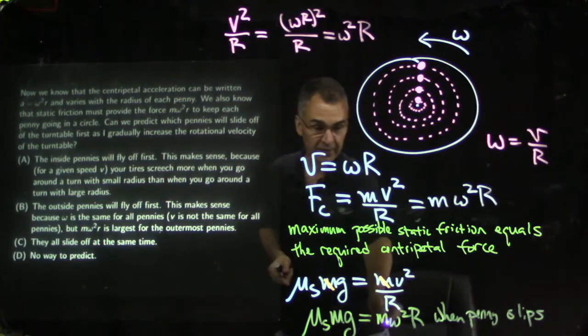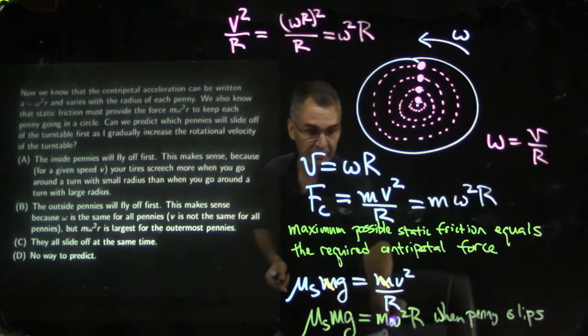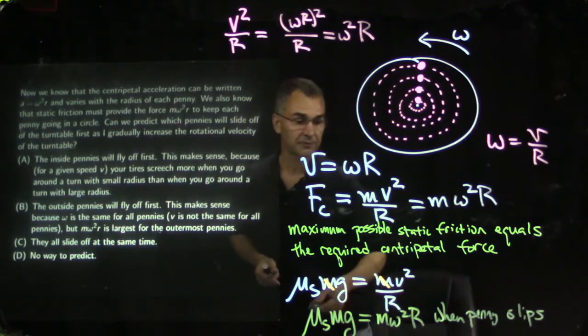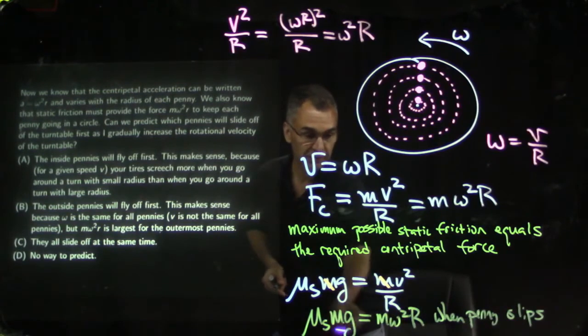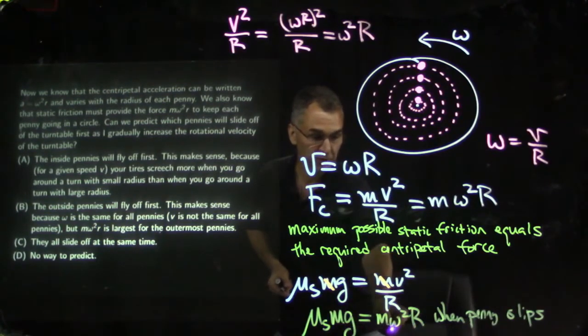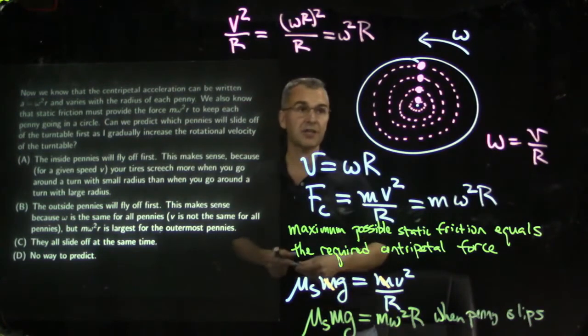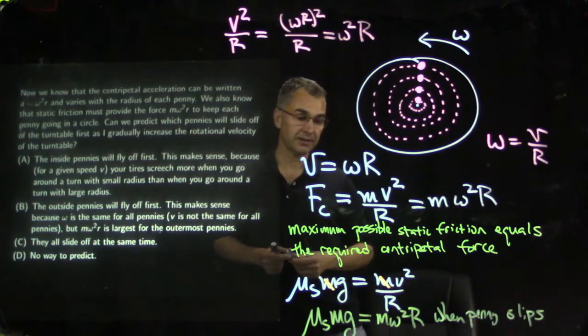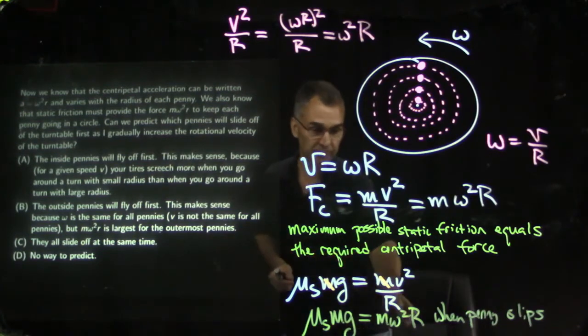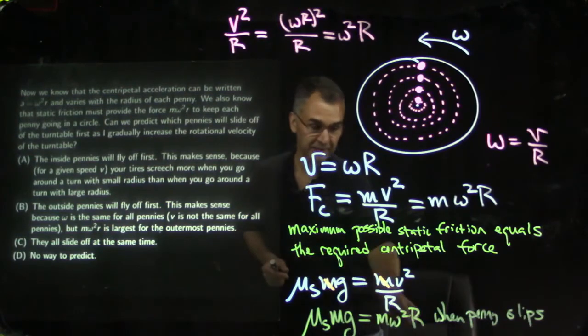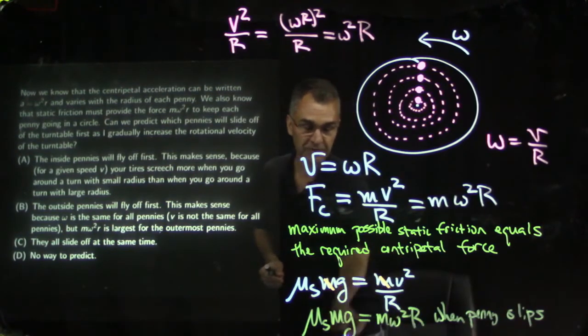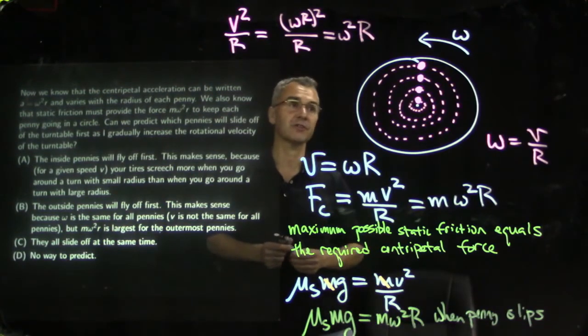So I think this maximum will be reached sooner for big R, because you can reach this maximum at a relatively small omega if r is big, and then as r gets smaller you need a bigger omega to reach that same maximum. So as we gradually increase omega, we're going to see the pennies at big R slip first, because they will be the first to reach this maximum value of friction, and then friction will let go.